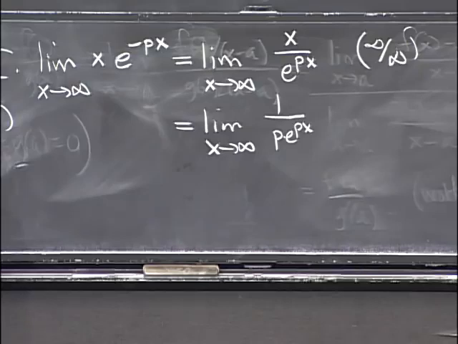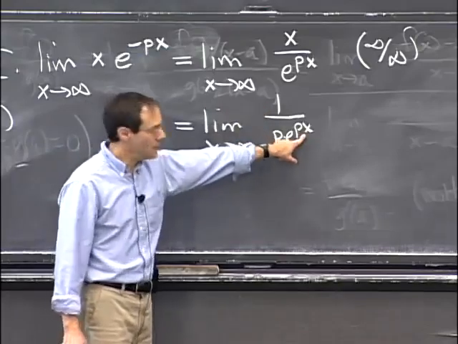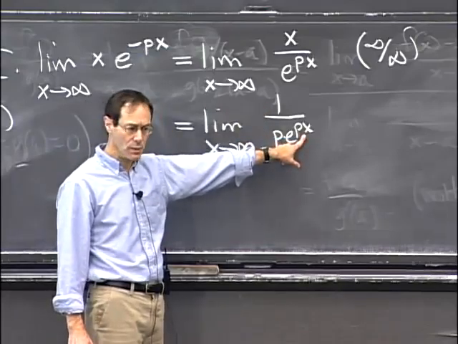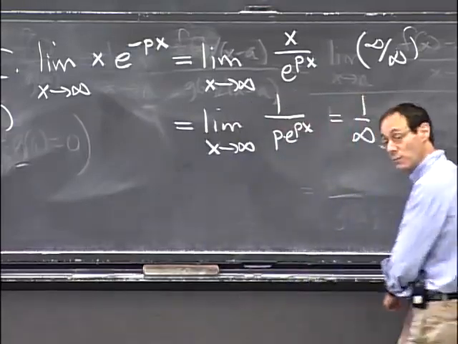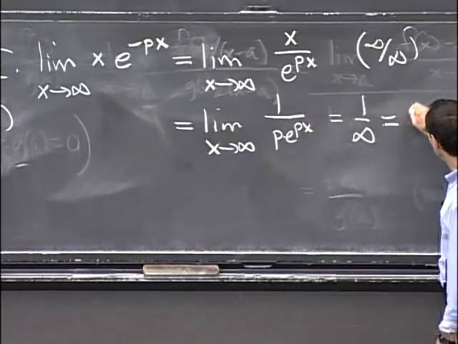So where does that go as x goes to infinity? Now we can decide. The 1 stays where it is, and this, as x goes to infinity, goes to infinity. All right, so the answer is 0.